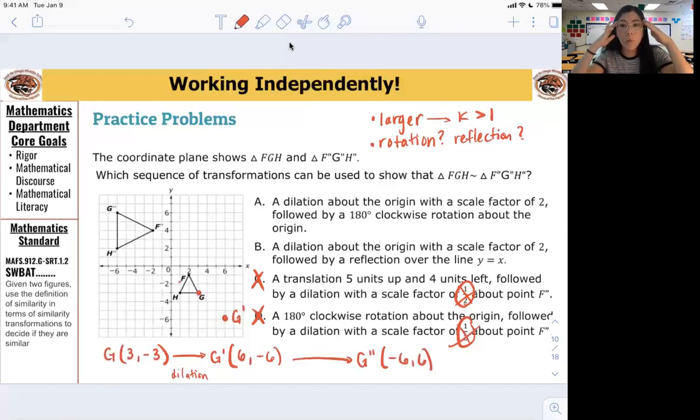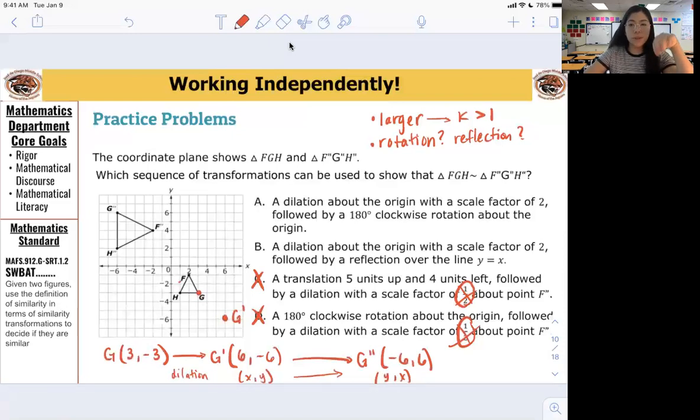Now let's think about what type of transformation happened here. We had x comma y, and it became, they just switched. They switched places. They traded places. It became y comma x. What type of transformation does that? Rotation. Wait. It's actually not rotating. Reflection.